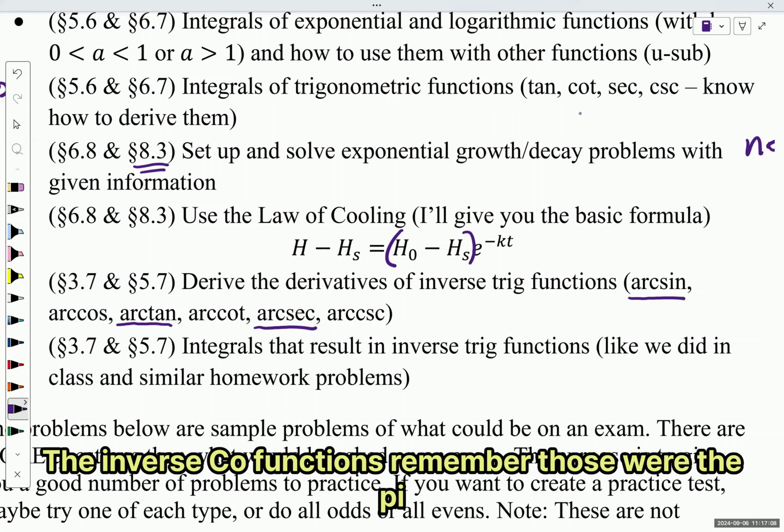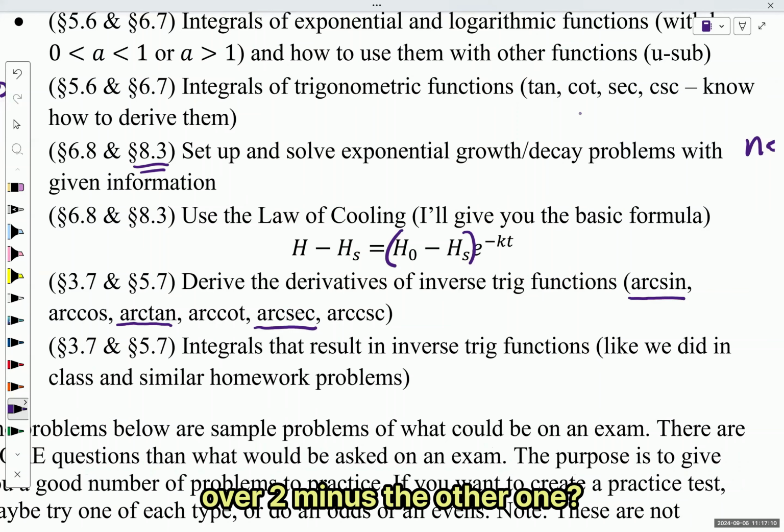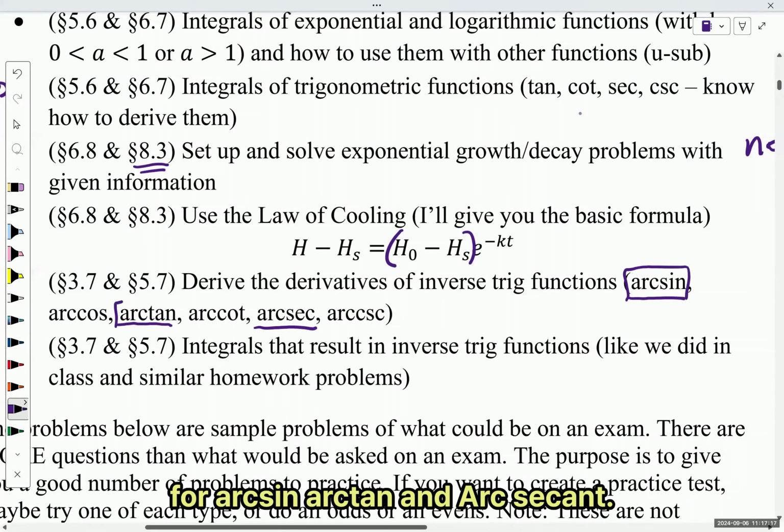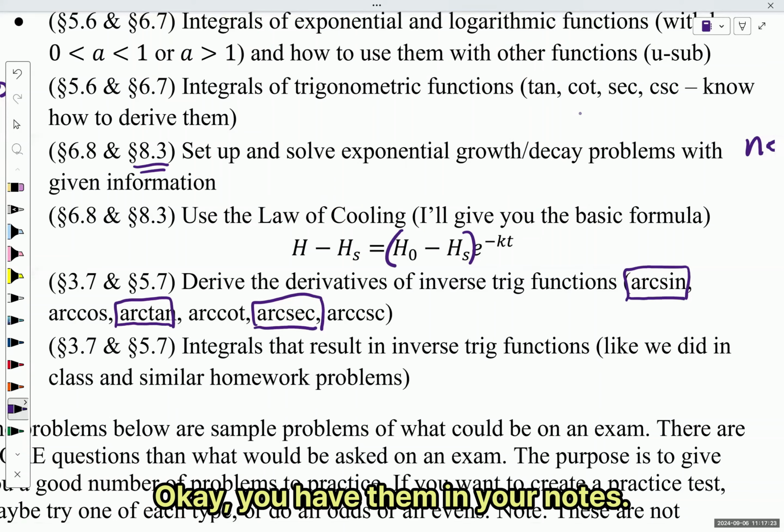The inverse cofunctions, remember those were pi over 2 minus the other one. So know how to do a derivation for arcsine, arctan, and arcsecant. You have them in your notes. And then the integrals resulting in inverse trig functions.